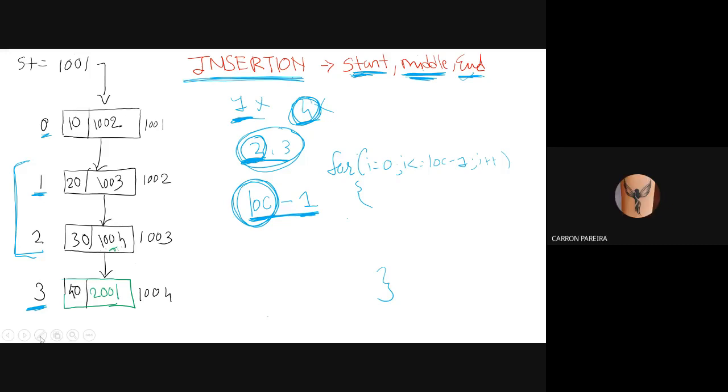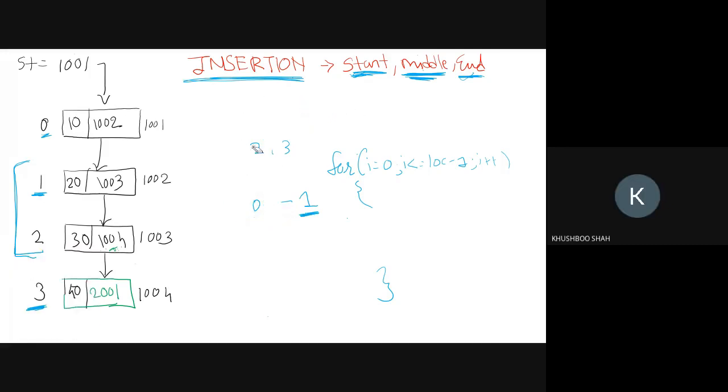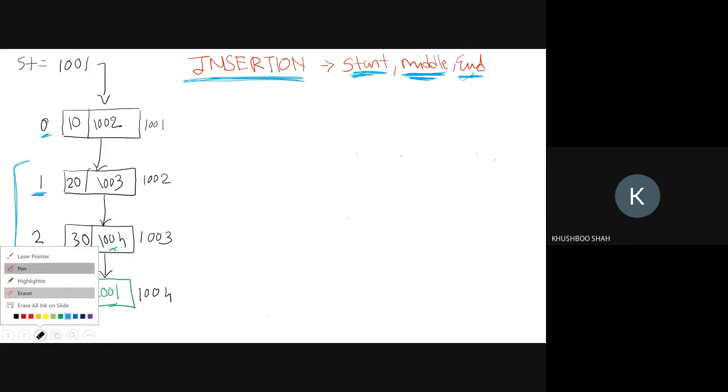Yes, ma'am. Okay, so now I got the concept of the loop termination for the insertion operation. Now let's say the user wants to add the node at location equal to 3.